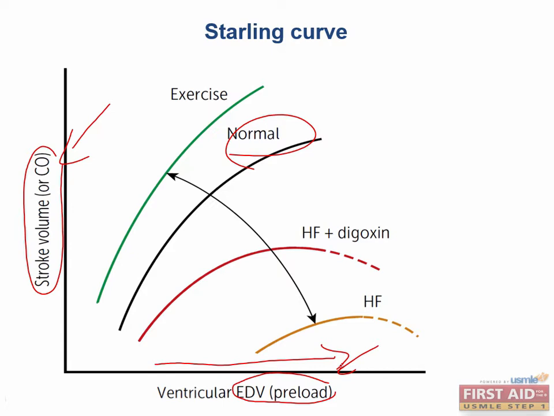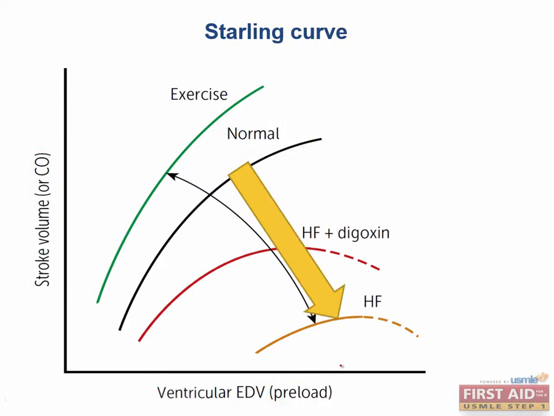Now, what would cause a downward shift in the Starling curve in which we drop stroke volume for a given preload? Heart failure is definitely one. Be on the lookout for a similar diagram that tests your ability to apply the concepts behind the Starling curve. So what's occurring in heart failure that has pushed us down this diagram?